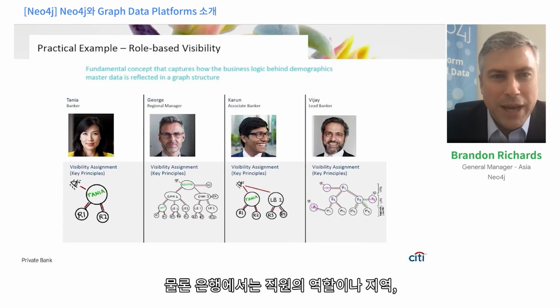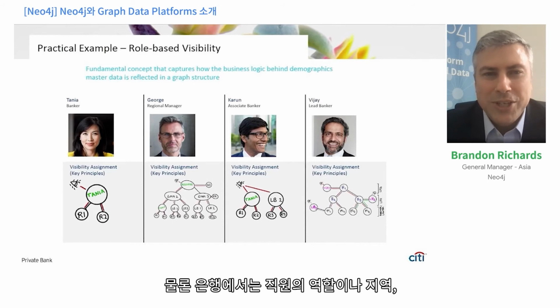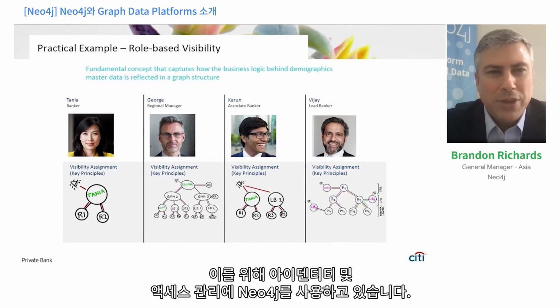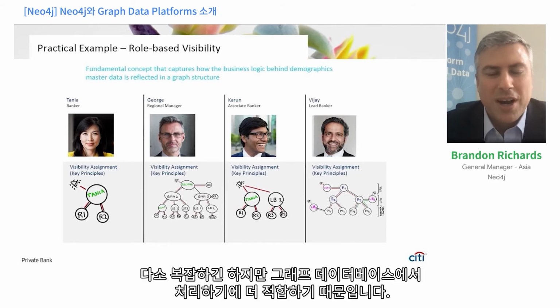And of course, in a bank, as you can imagine, based on where a person's role is, their region, what access they need for their particular responsibilities, they want to ensure that the right assets are handed to the right individuals. So they use Neo4j for their identity and access management, which the more complex that is, the more suited it is for a graph database to handle.